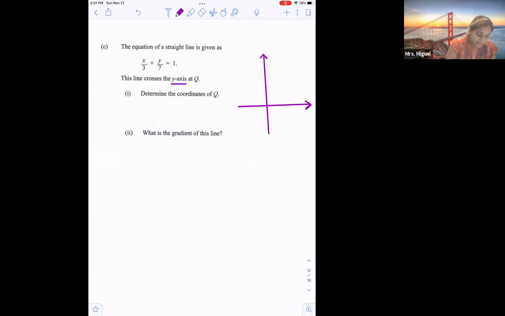If I have a line and it cuts the y-axis, this is Q. Therefore, x is 0, and we have a y coordinate only, because on the y-axis we only have y values.